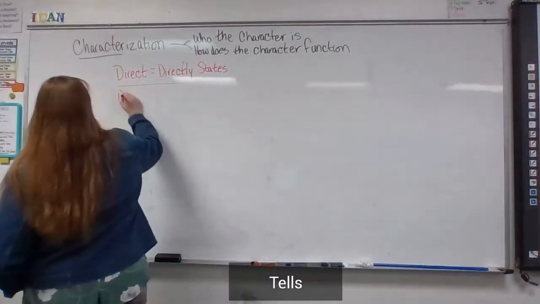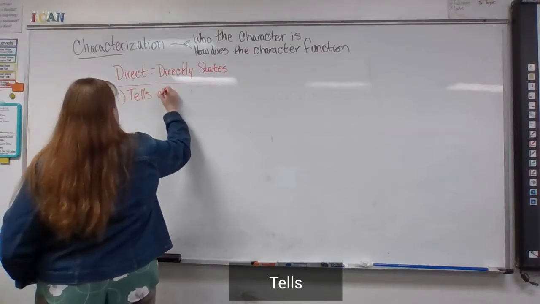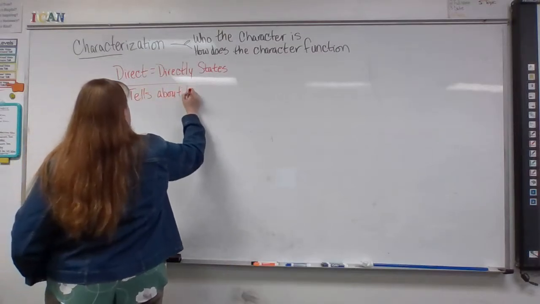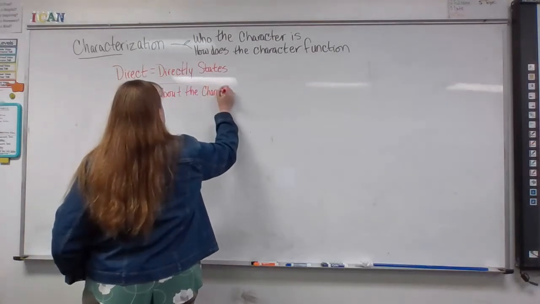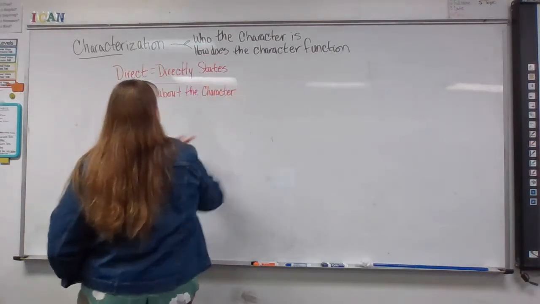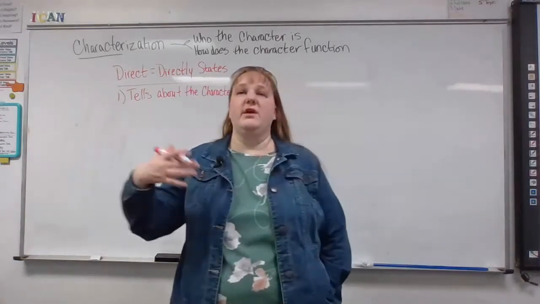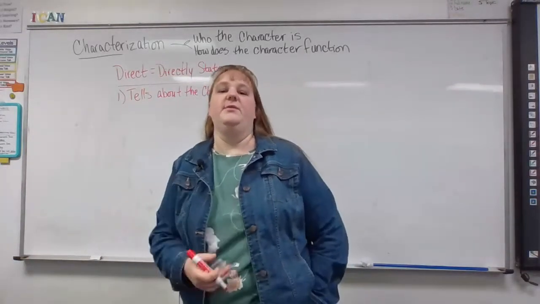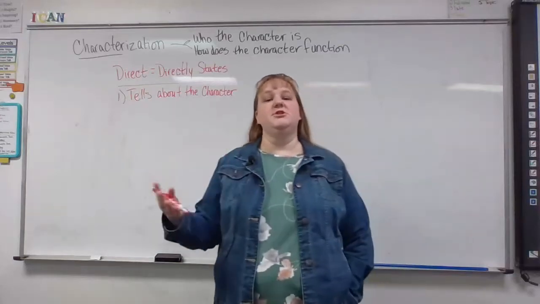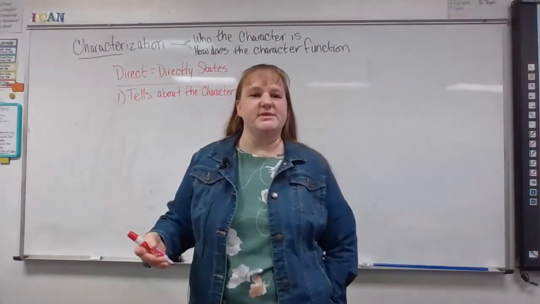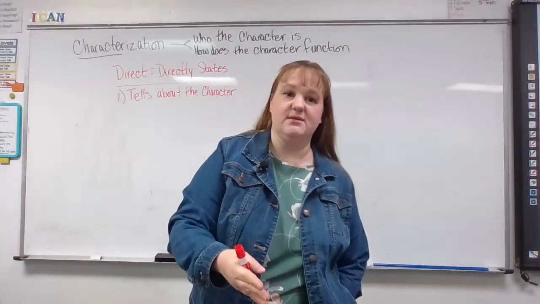So that's the first part. Okay. So for example, if I'm writing a story and I have a female character, I want to tell you about her personality, I can say she was a cheery, always upbeat person. I've now outright told you that she's a happy person.